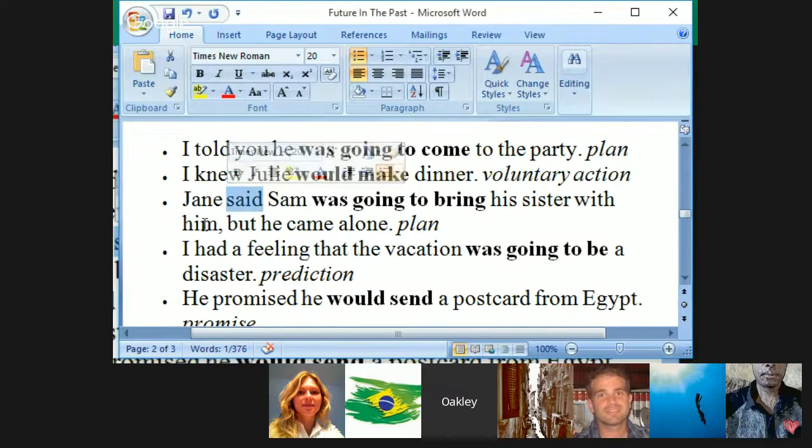I would have to say, Jane says Sam is going to bring his sister. Simple future. That's different. That's relayed speech. That's now. That's not reported speech. It's not from the past.